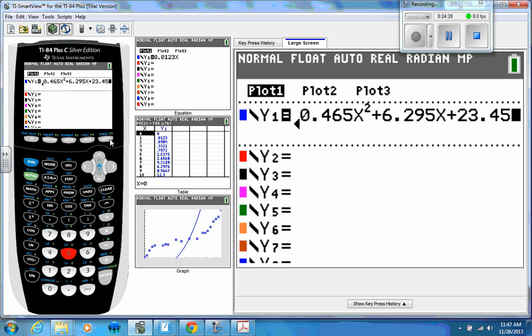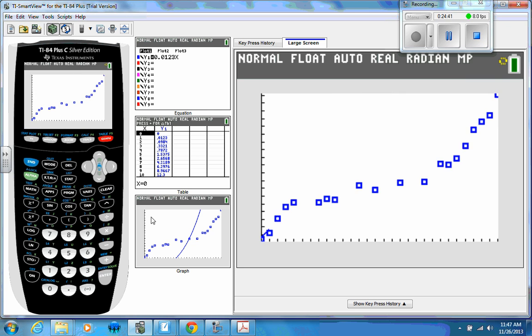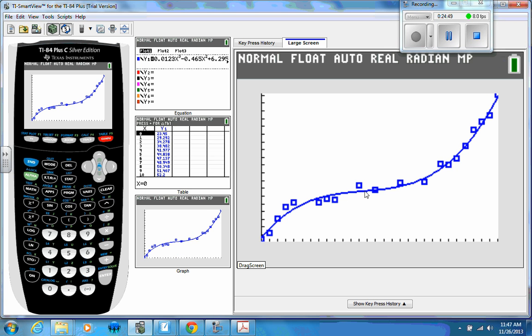So if I go to graph this, it follows the actual pattern of my scatter plot. So this is the line of best fit. If I graph something else like a linear, it would just be straight across and it wouldn't make sense. So the line of best fit makes sense for your scatter plot.